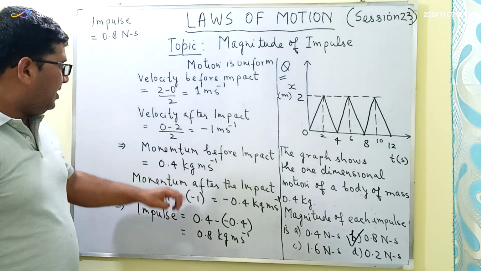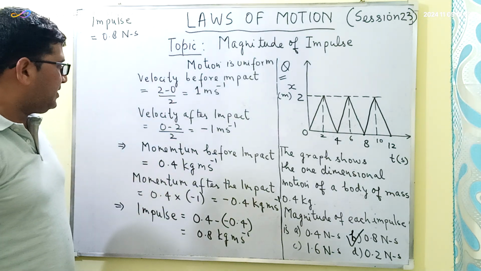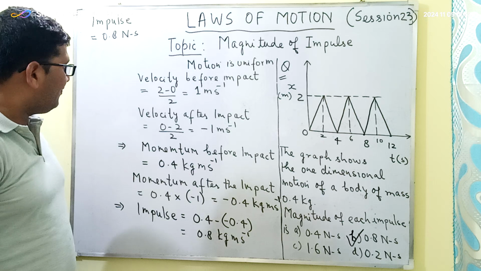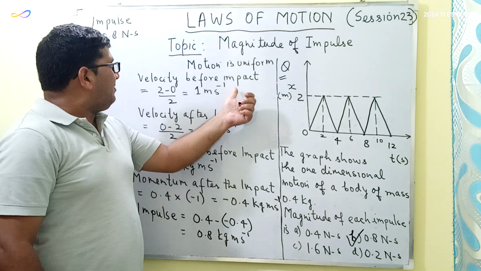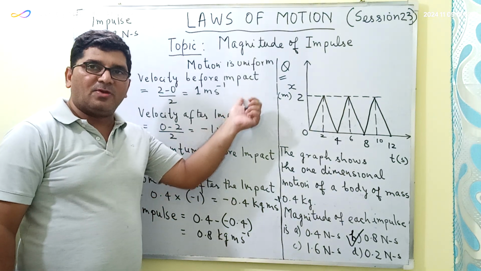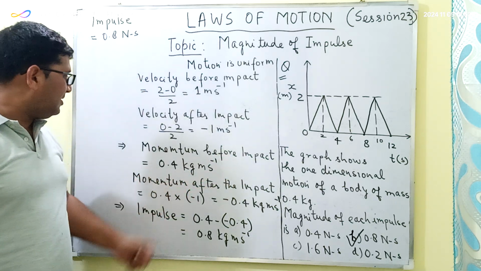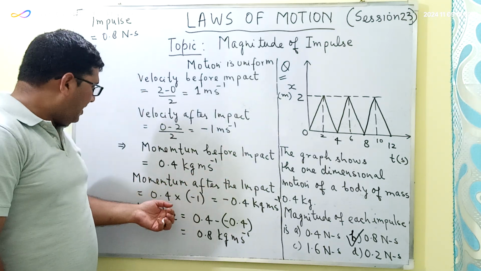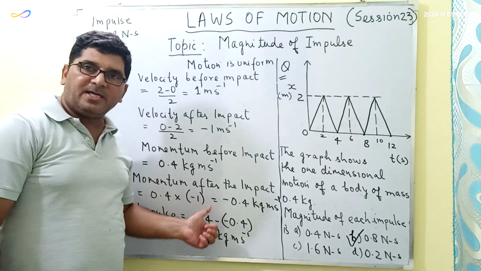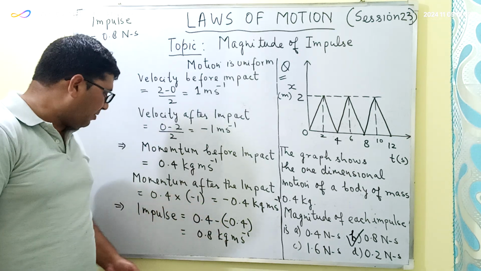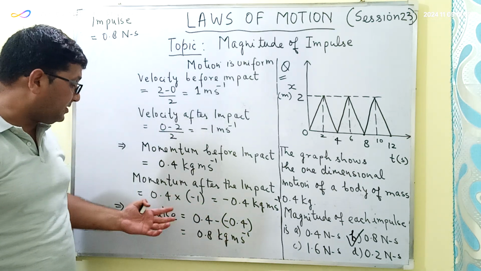So in this question, the most important thing was to find the velocity before the impact and the velocity after the impact, and the second important step was calculating the momentum before the impact and the momentum after the impact, and thereafter impulse, as we all know, is equal to the change in the momentum.